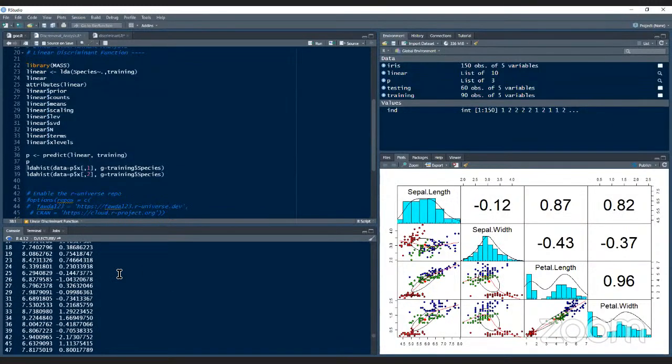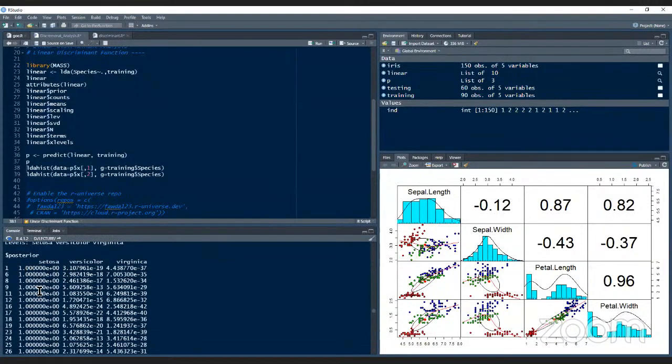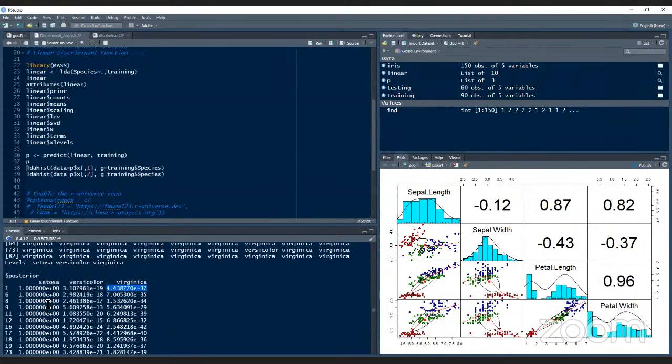This is the scores. This is the probability. The probability of the first observation is 1 in Setosa, while the probability for this particular object in versicolor is 10 to the power minus 19, and for Virginica it is 10 to the power minus 37. So here we can see the probabilities given using this predict function.